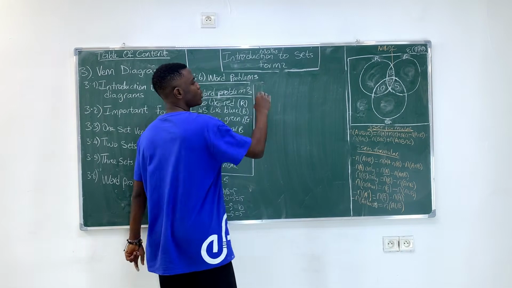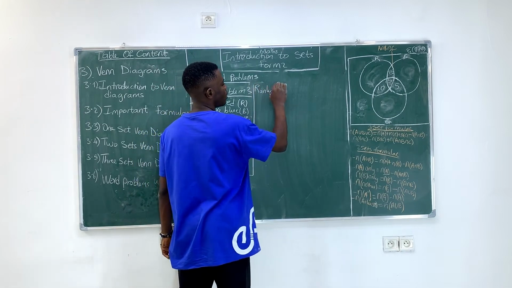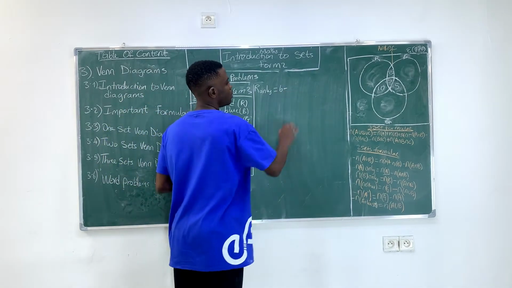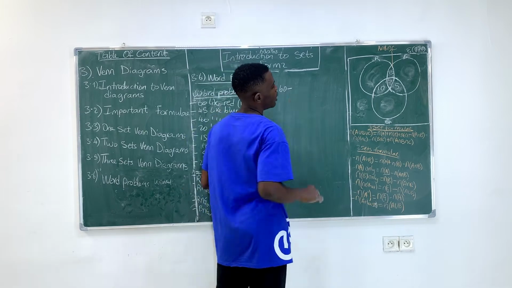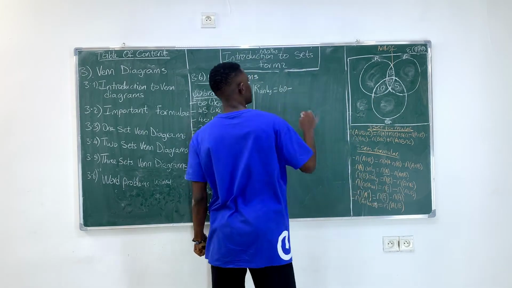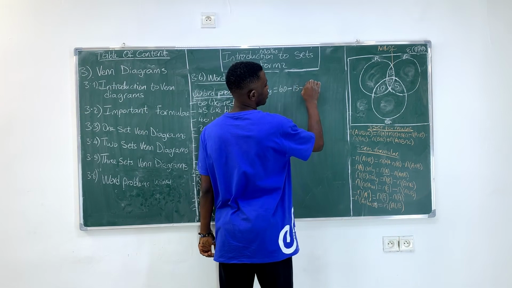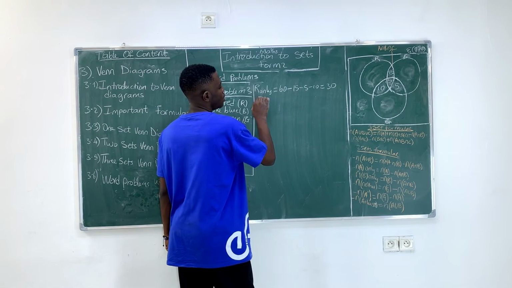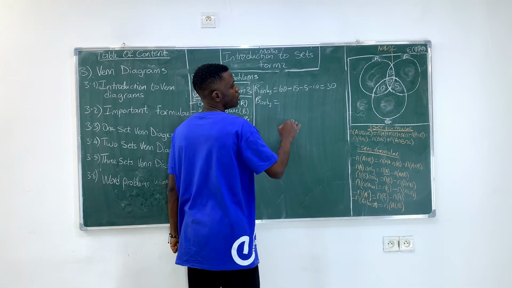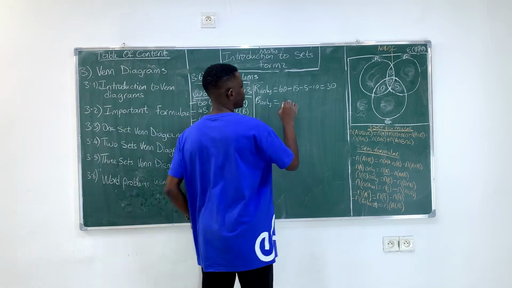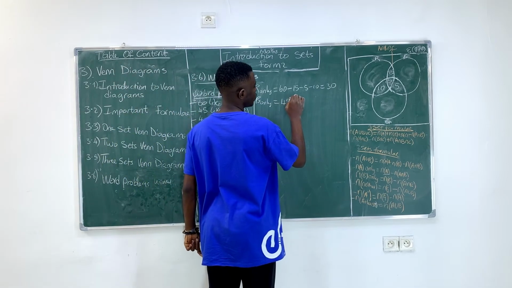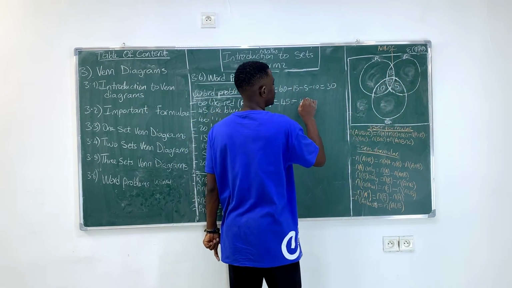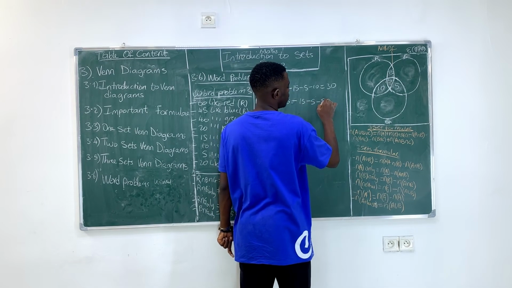Okay. So now I look at what is R only. R only is the actual R that was given to us, 60, minus all of these intersections: 60 minus 15 minus 5 minus 10 is equal to 30. B only is equal to what was given to us, 45, minus all of the intersections in B: 15 minus 5 minus 5.